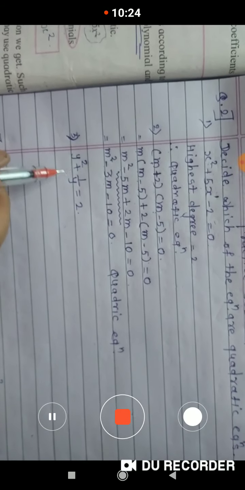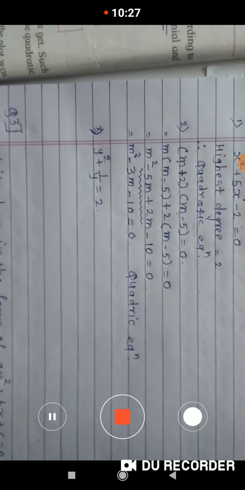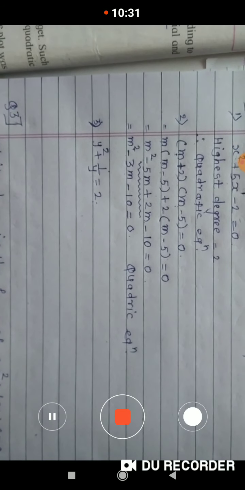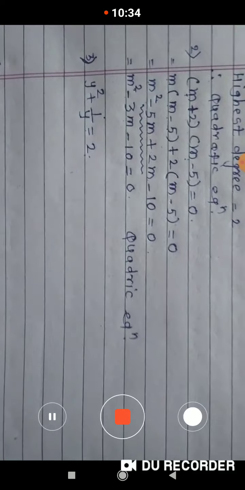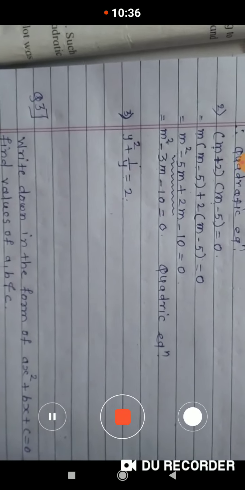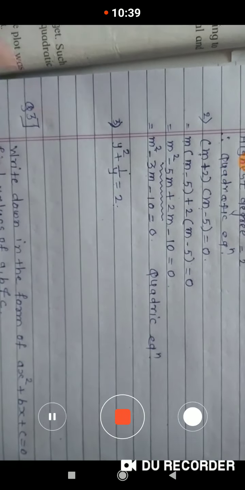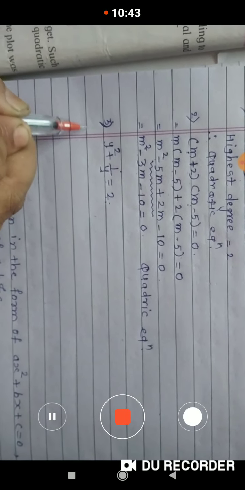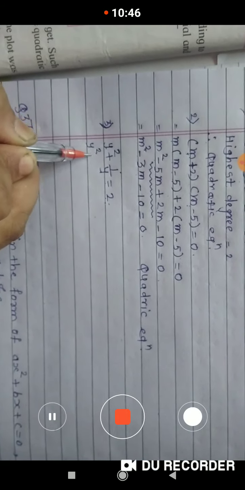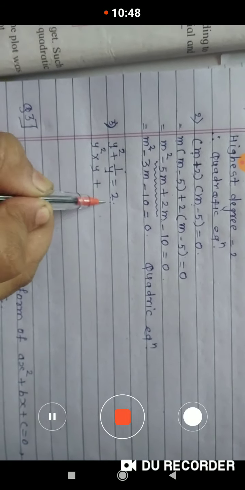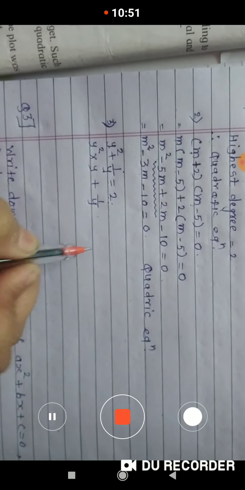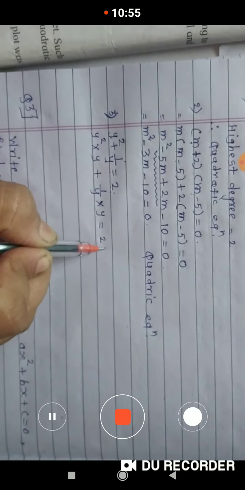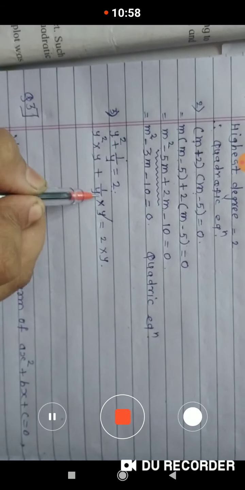Understand? See, the next example is y square plus 1 upon y is equal to 2. See here, y is in the denominator. Okay, and we have to eliminate this y. Therefore multiply each term by y. We can write here y square into y plus the second term 1 upon y, which is again multiplied by y, is equal to 2 into y. Y cancels.